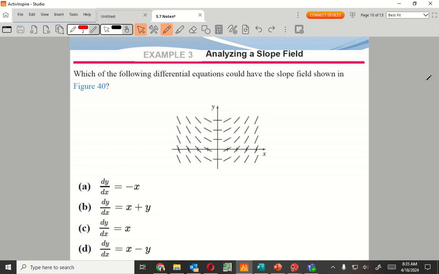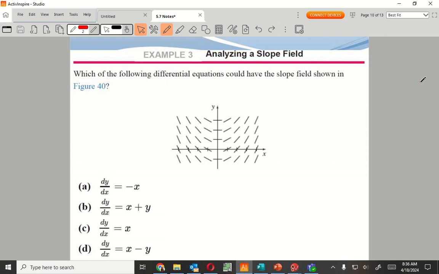What did I say about x and y? Look carefully at this one right here. There's no y, it's just x. So that means what?